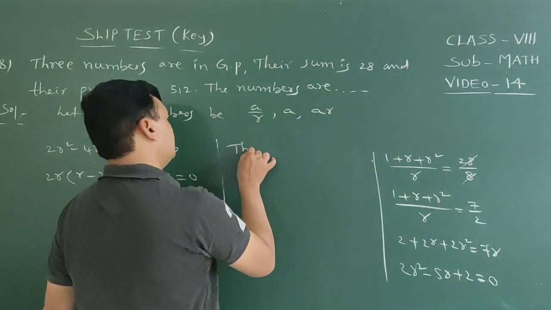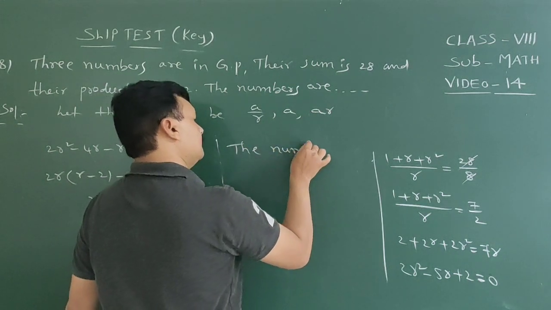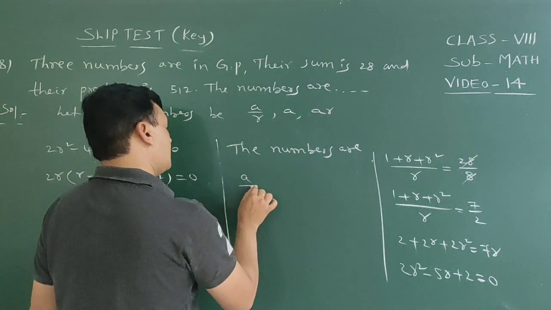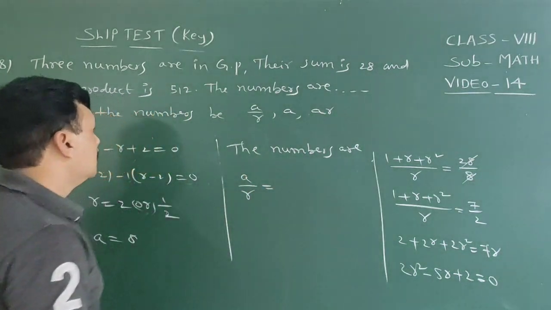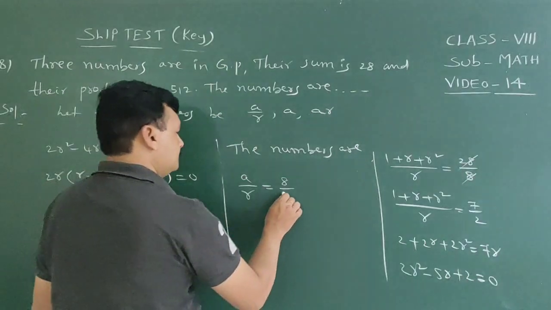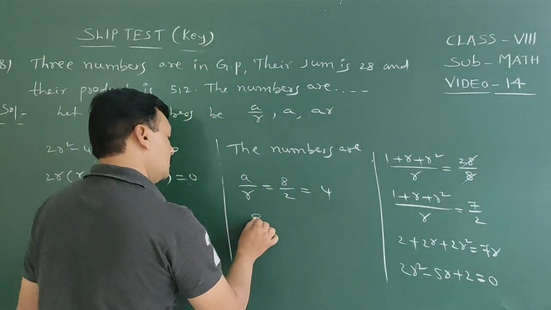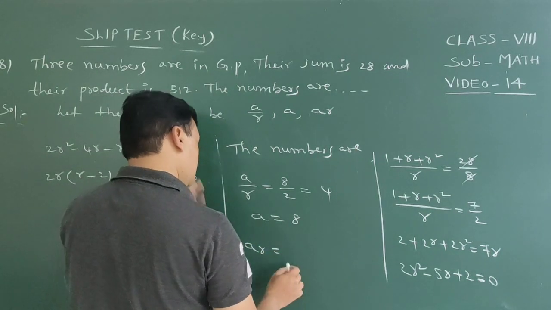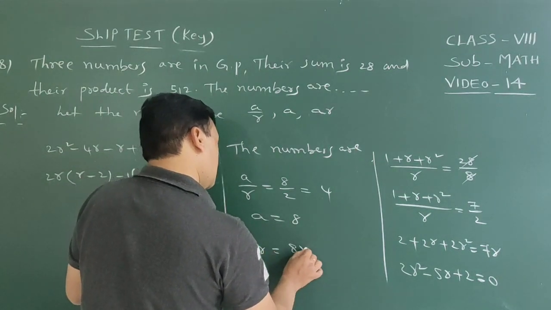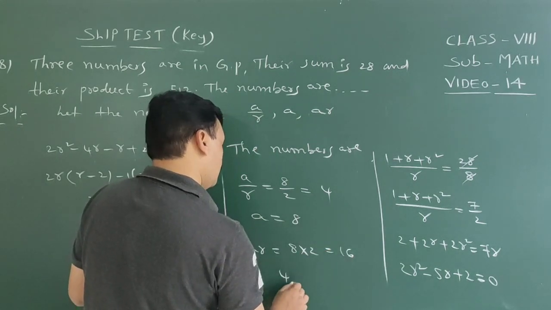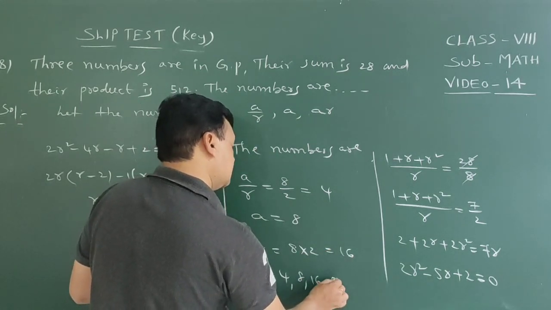The numbers are a by r, a, ar. a is 8. If r is 2, a by r is 4, 8, and 8 into 2 is 16. So 4, 8, 16.